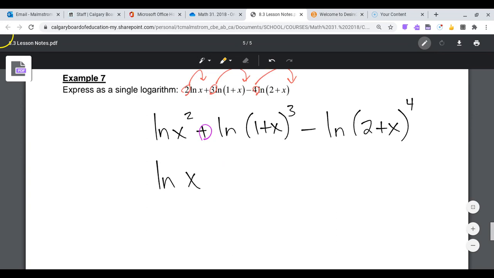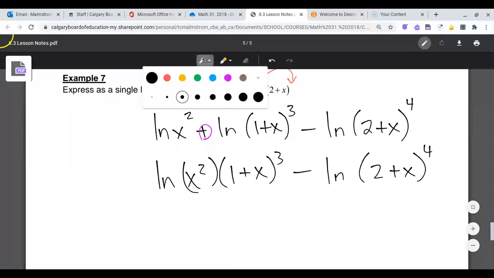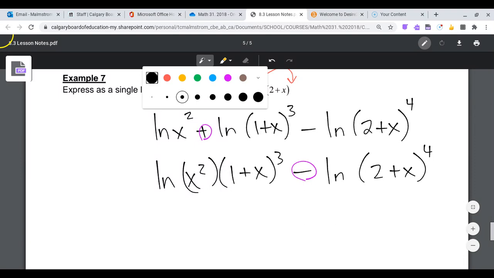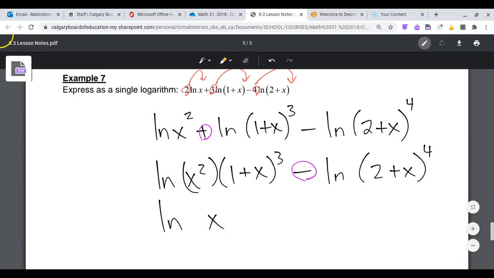So ln of x squared multiplied by (1 plus x) cubed, minus ln (2 plus x) to the power 4. And then I would have the quotient law. So then I would divide x squared (1 plus x) cubed by (2 plus x) to the power 4.